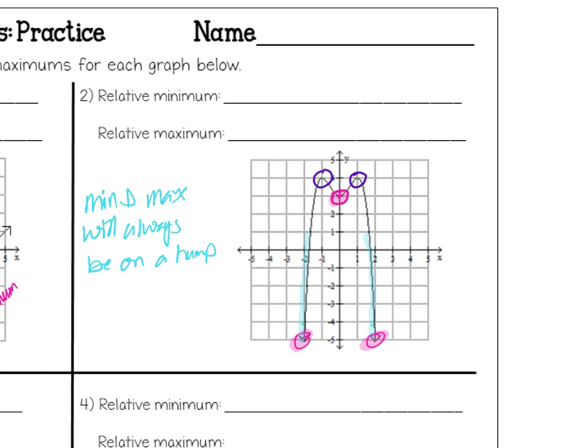It'll be on one of the bumps or the hills or the valleys. Ooh, that's even better. Let's call that be on a hill or valley. Okay, so it's on a hill or a valley.